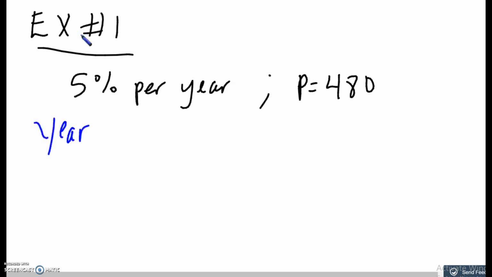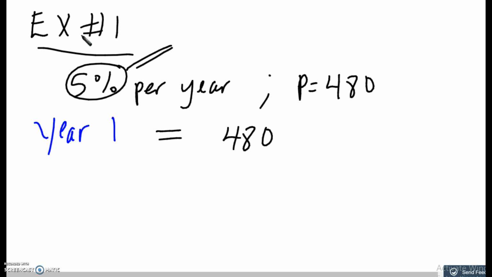All right, so let's find out how much the goods are going to cost at the end of the first year once we account for inflation. The goods are going to cost 5% of $480. So one way to solve this question is to multiply 480 by 5%. But remember, 5% needs to be written in decimal form.